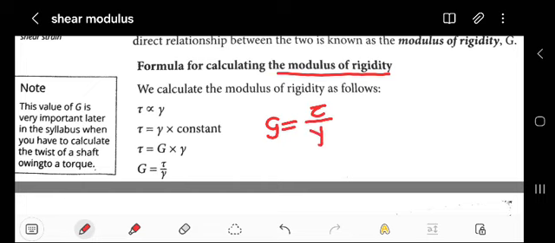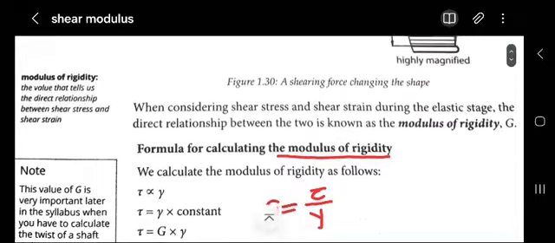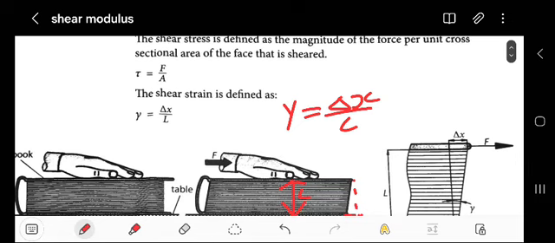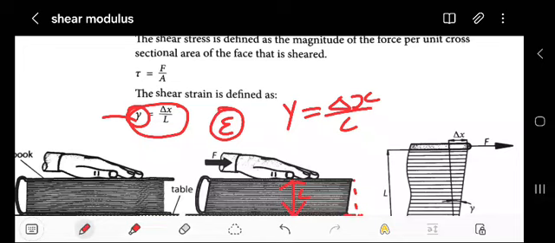That gamma is the shear strain. Remember, firstly our strain was like this, the original one. Now we have gamma, the shear strain.